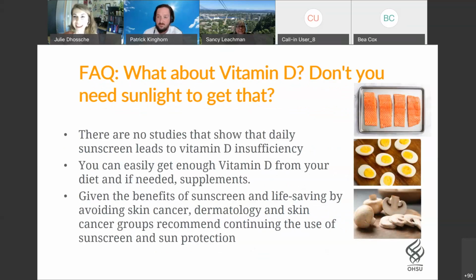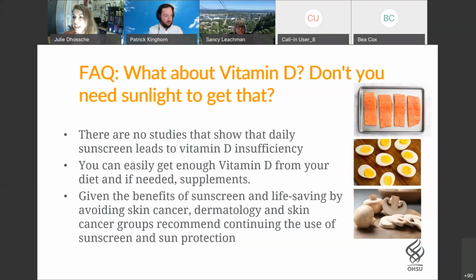Another frequently asked question, I promised I'd get back to this: what about vitamin D? Don't you need sunlight to get that? Yes, it's true that some of your vitamin D is made when sun hits your skin, but there are really no studies that show that daily sunscreen leads to vitamin D insufficiency. So the evidence isn't quite there. And you can easily get enough vitamin D from your diet and, if needed, supplements.